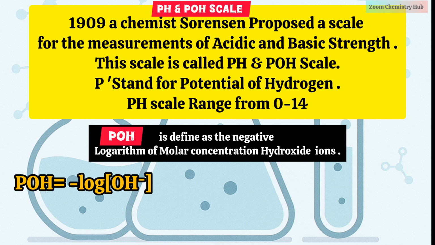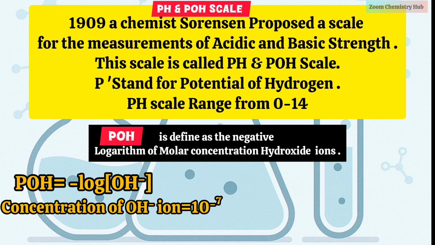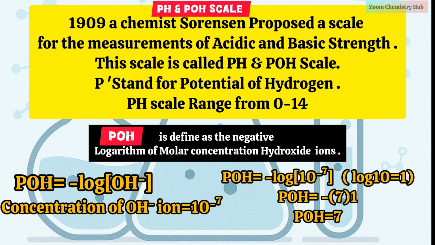If we take the example of a solution having an OH concentration of 10 raised to the power minus 7, then we put the value of the hydroxide ion concentration in this expression, and after calculating this mathematically we get the pOH as 7.